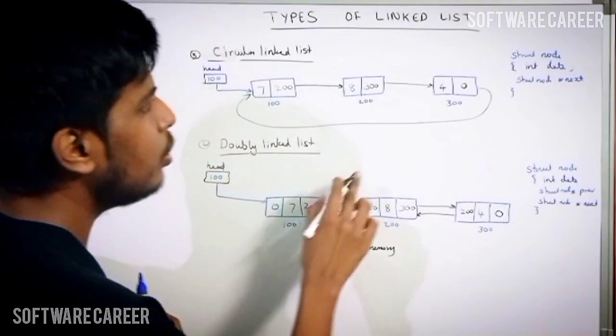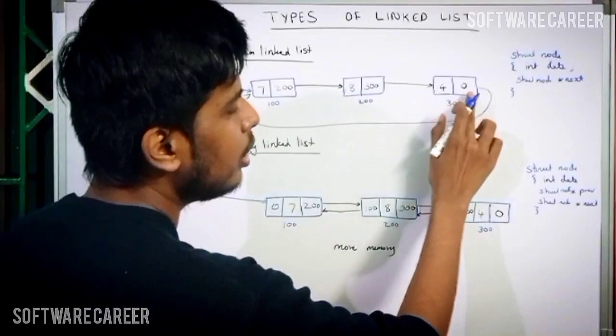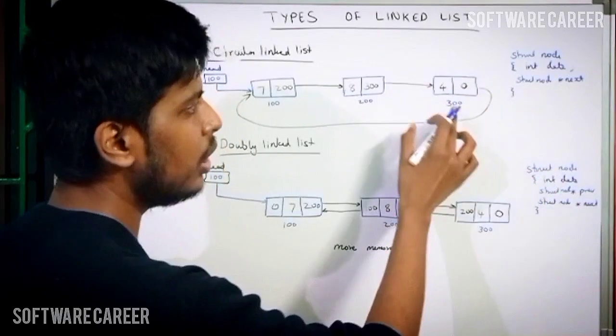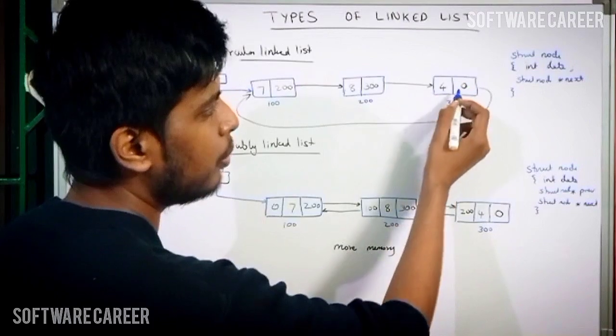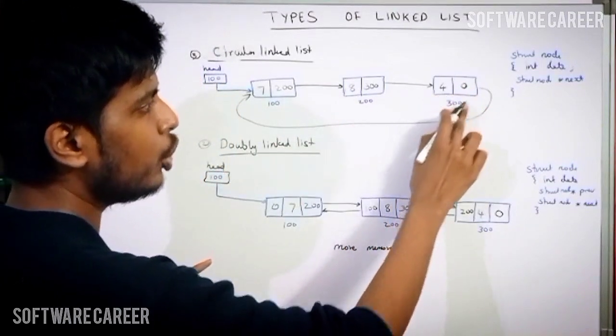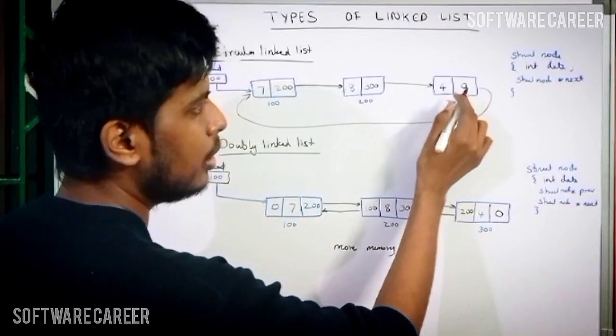Now how to create this loop? In a singly linked list, no node is present after this third node. No element is present after this third element. So I am marking 0 here in the pointer part. Now if you want to make it circular, you want to store the address of the next node in this pointer part.